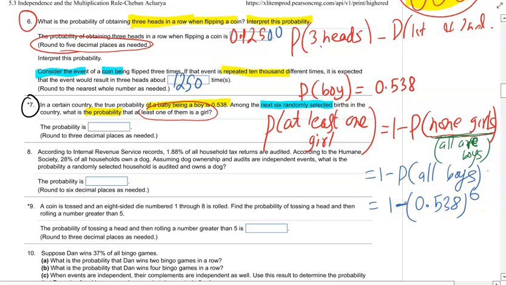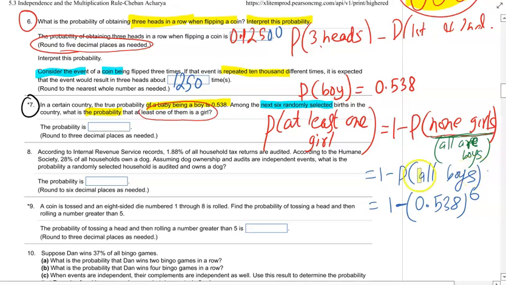We're using the independent event formula because the occurrence of the first boy doesn't affect the occurrence of the second boy, the third boy, the fourth boy and so on. Therefore, you multiply this 0.538 probability 6 times to get the probability of all boys.